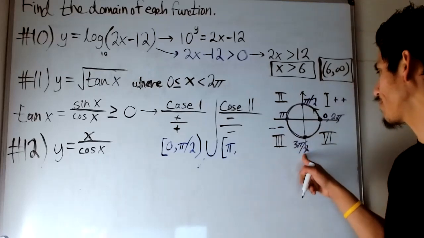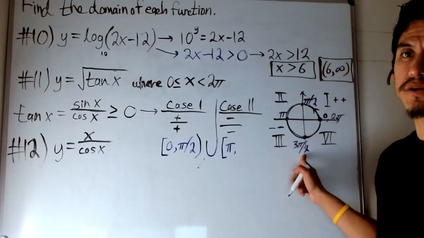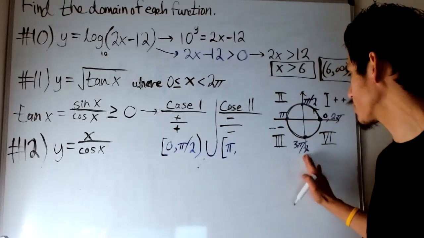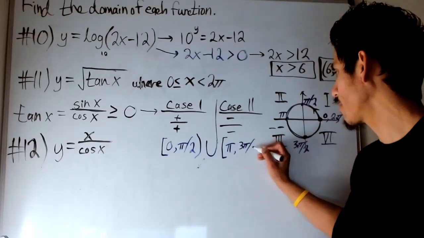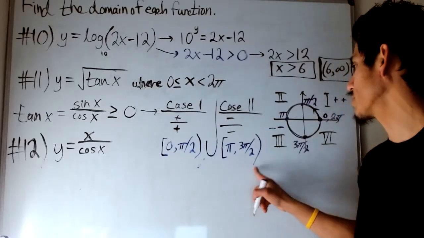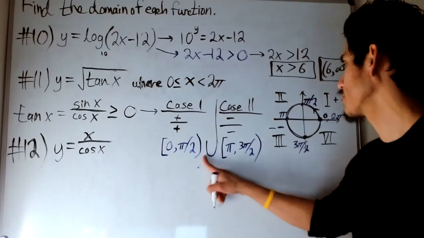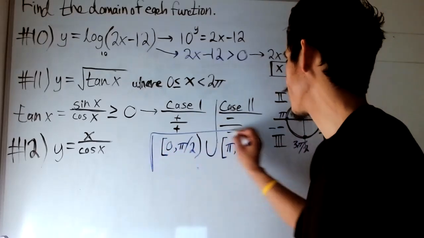And we would go to 3 pi over 2, but we wouldn't include 3 pi over 2 because the cosine of 3 pi over 2 is 0. And we can't divide by 0, so we would use a parenthesis. And this would just be our answer here, this interval.